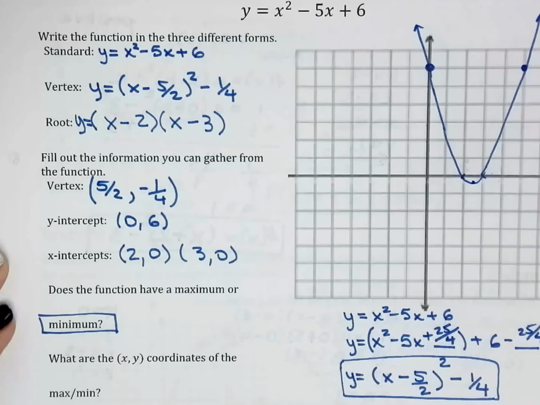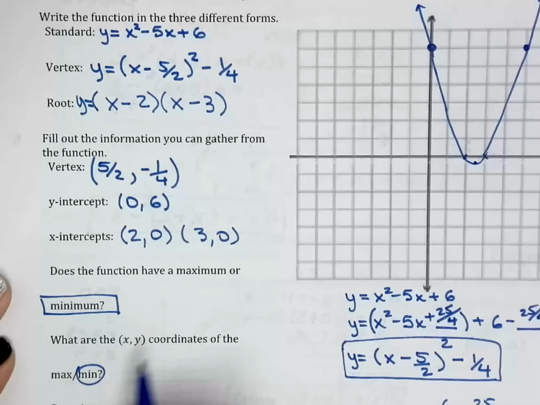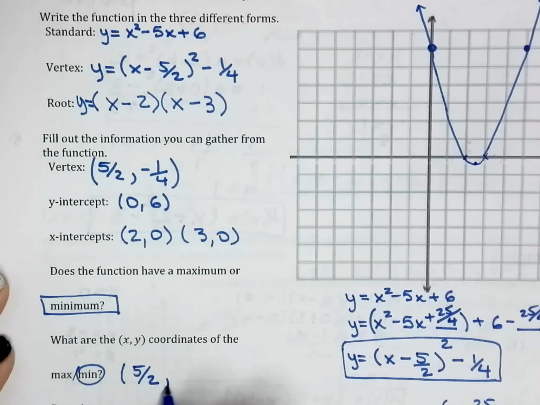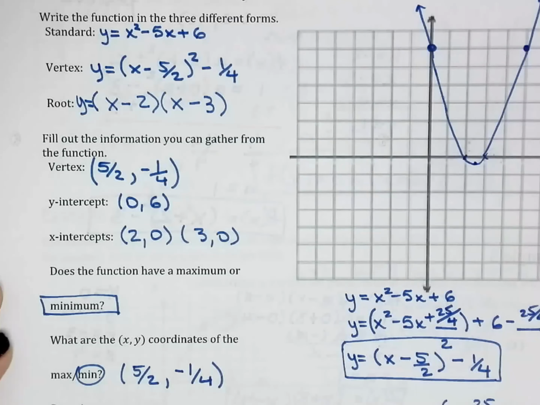What are the coordinates of the vertex, or minimum or the maximum? So we already have that there because we had this in vertex form. So it's a minimum and it's the vertex. The coordinates of the minimum are 5/2, -1/4.